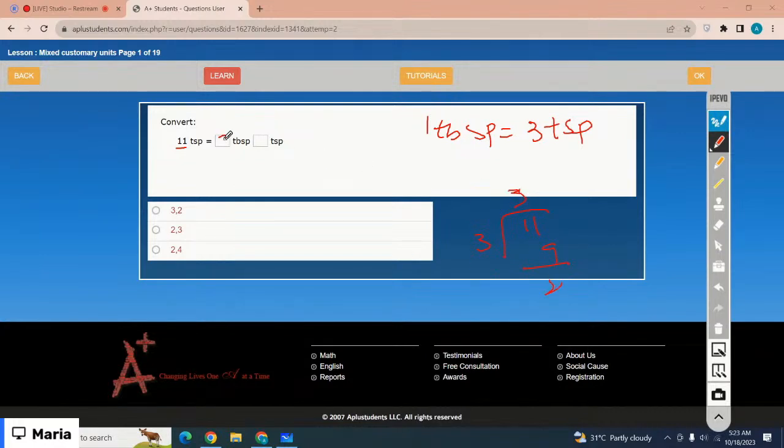That means you have 3 tablespoons and 2 teaspoons. Option 1 is the correct option.